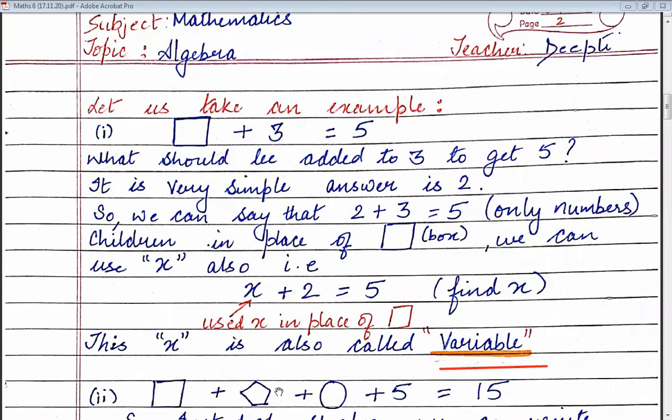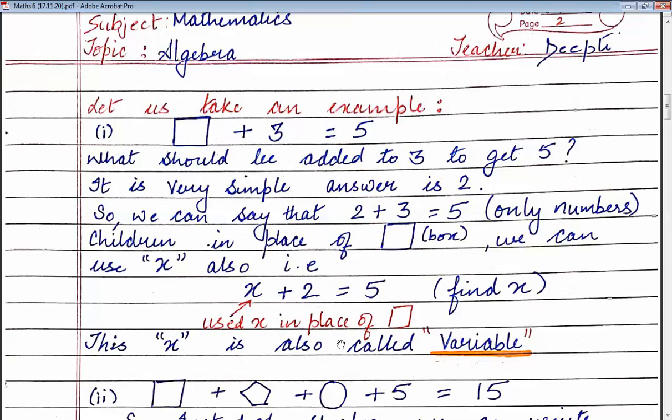I have used a square, a pentagon, a circle, and they are added to 5, and your answer is 15. So, children, again in this example, instead of these figures, I can use any alphabets.